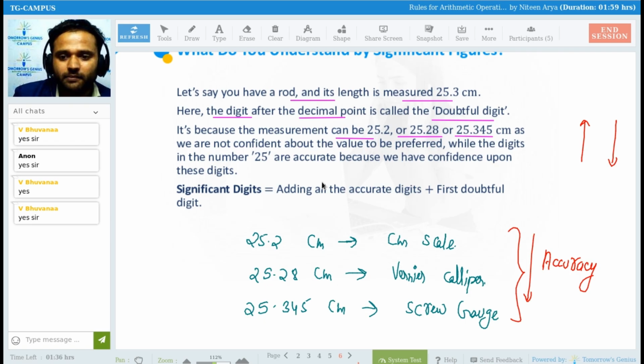Is this clear? Means your centimeter scale is not going to give you a more accurate length as compared to the vernier caliper. In the same sense, your screw gauge is going to give you a more accurate value of the length. Is this clear, everyone? Clear? So this is up or increasing.